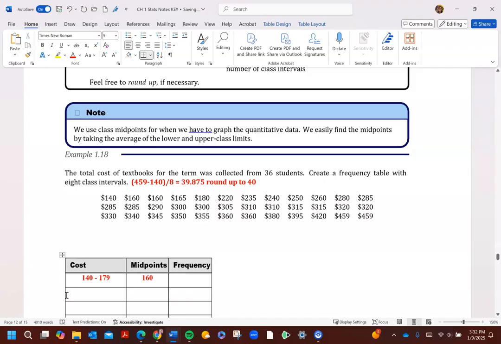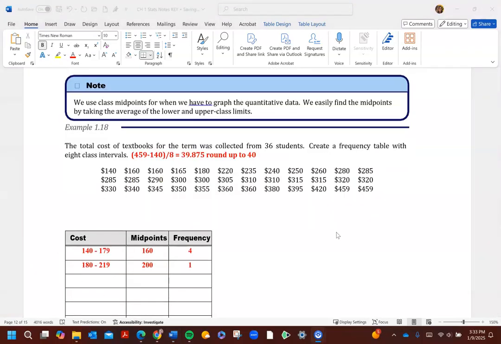And then just repeat for the next row. When you do the next row, you want to make sure you put in 180. Don't start with the 179. You're going to go 180 to 219, and the midpoint would be 200, and frequency is 1. And you can catch the midpoints.